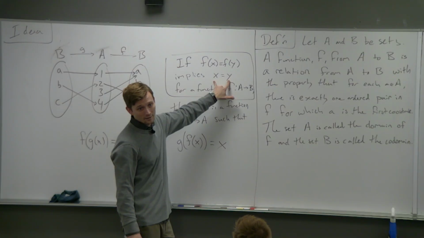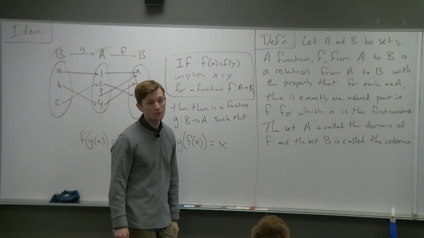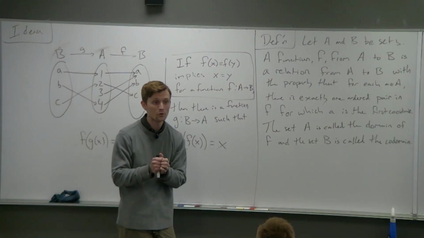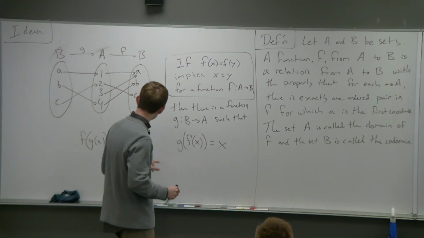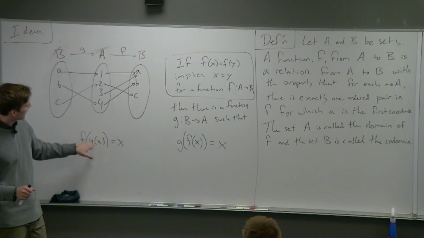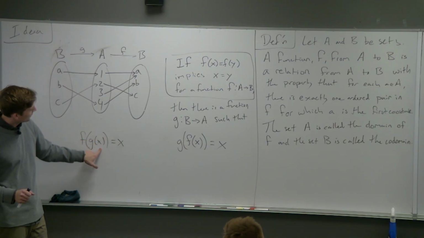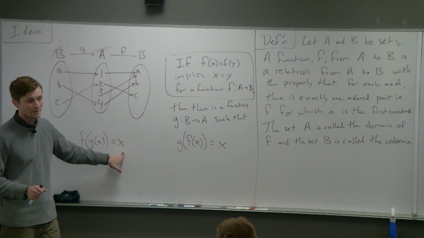That is, if f of x is equal to f of y, then x is equal to y. There are no two different things that get mapped to the same thing. What is the condition we need here to get something we can plug into f to get back to where we started? If g of x equals g of y implies x equals y.